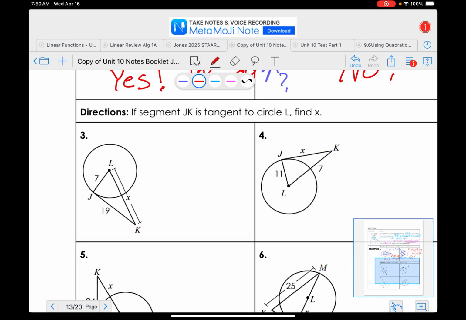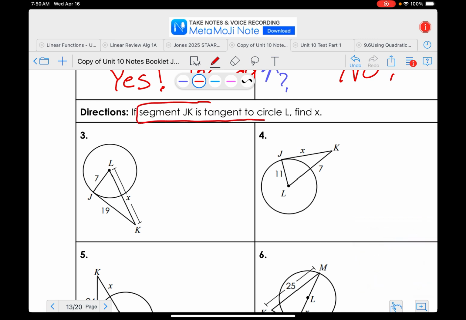Now here the instructions are telling you segment JK is tangent. So if it's tangent, what would X be? If it's tangent, it would satisfy the Pythagorean theorem. So we could take the square root of both sides, and X is 20.25.